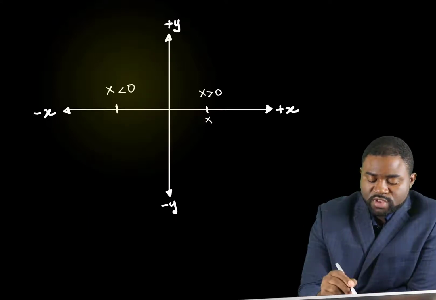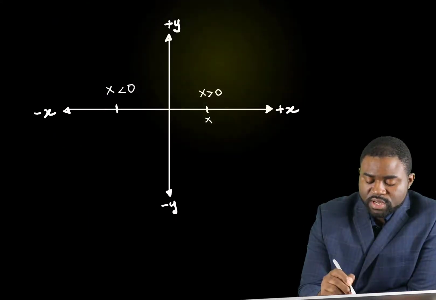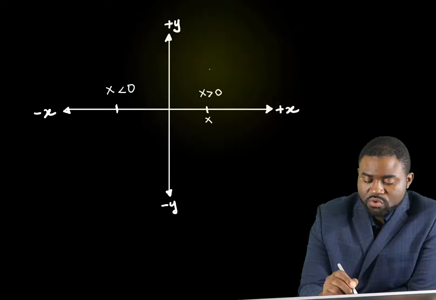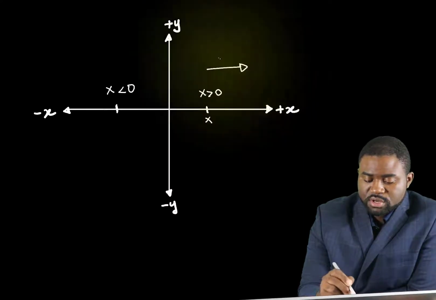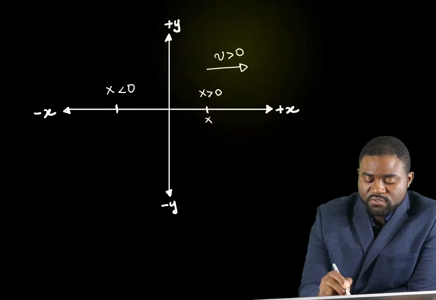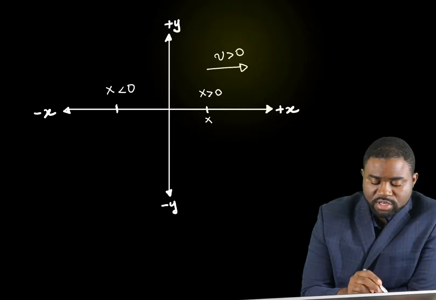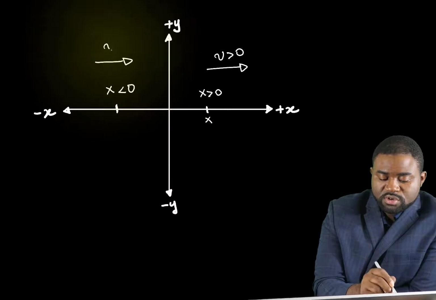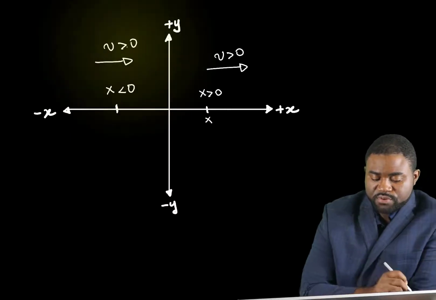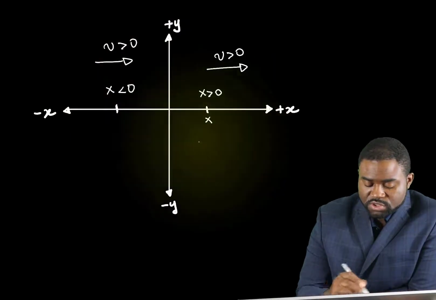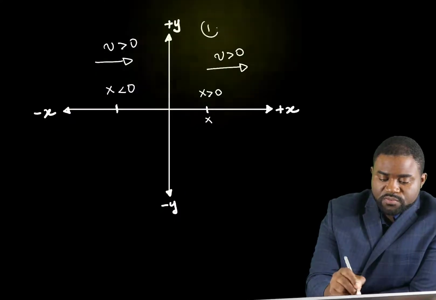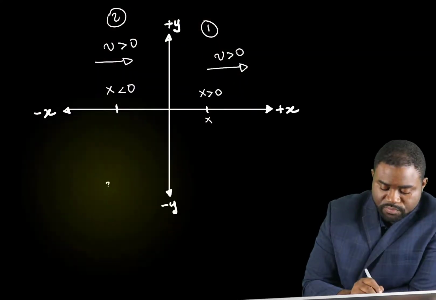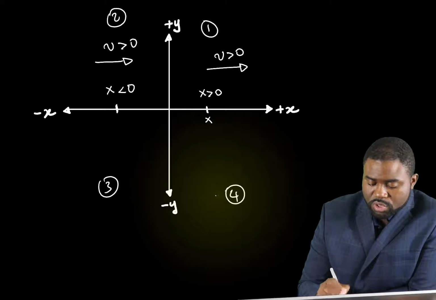Now, let's say if the object is located in the first quadrant and moving in this direction, v will be greater than 0. If the object is located in the second quadrant and moving in this direction, v will be greater than 0. This is the first, second, third, and the fourth quadrant.